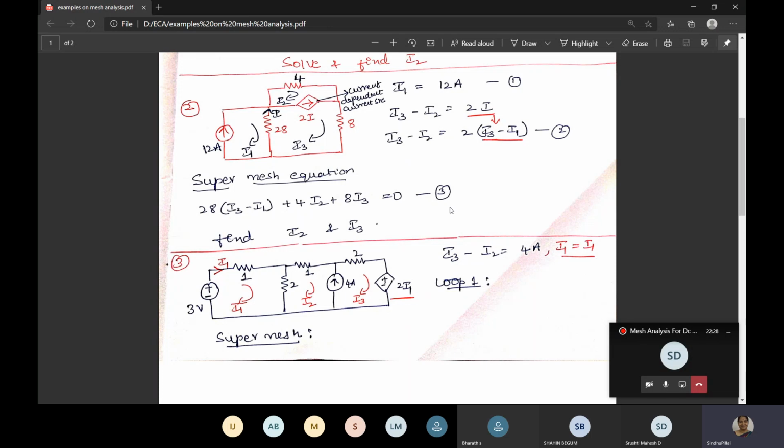This is the super mesh equation. Wherever I1 is there, substitute 12 amps because we know I1 already. So you'll get 2 equations with 2 unknowns, I2 and I3. Put them in determinant form, use your calculator, and you'll get the answers for I2 and I3. This is the second one, where we have a current dependent current source.